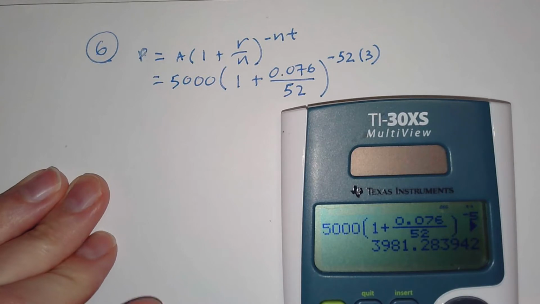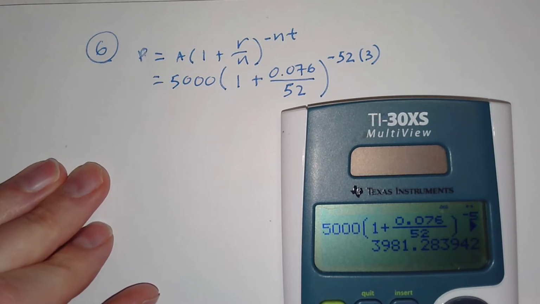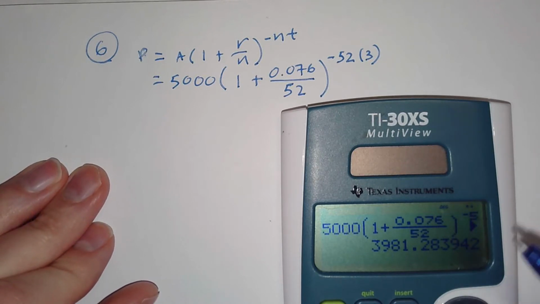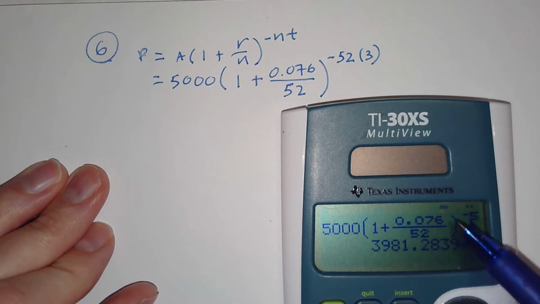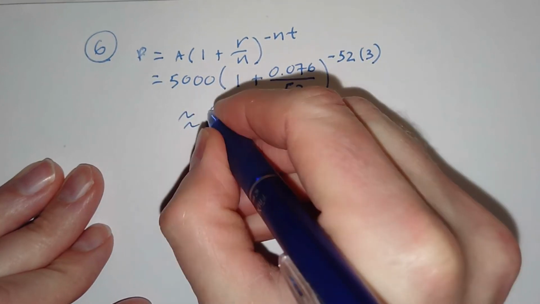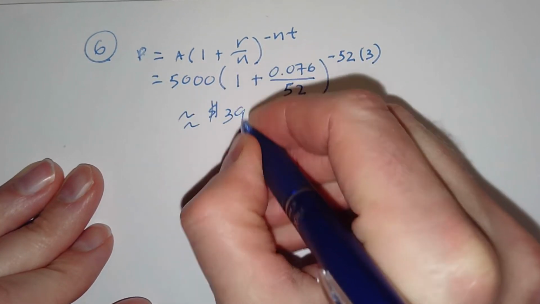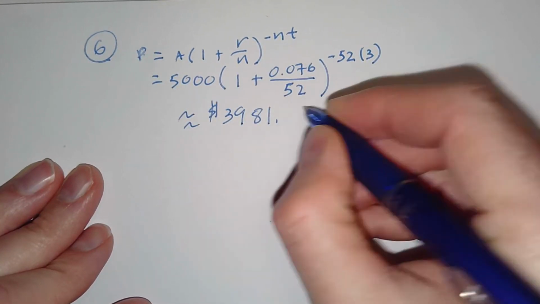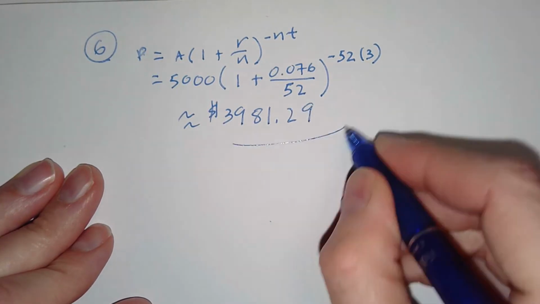And now remember the directions they told us to round up, because normally we would round that off to 28 cents. But they told us to round up. So even though that's a 3, because the directions say to round up, we're going to round off to 29 cents. So it'd be $3,981.29.